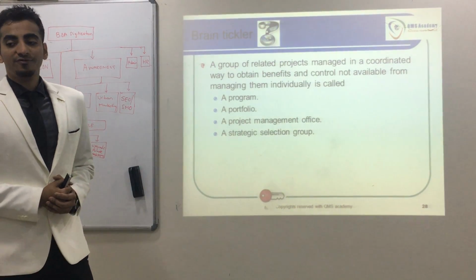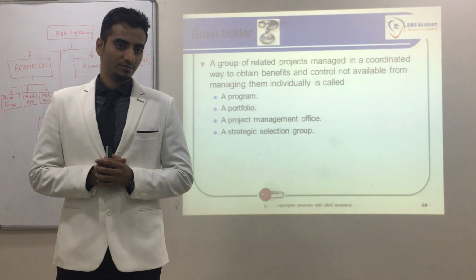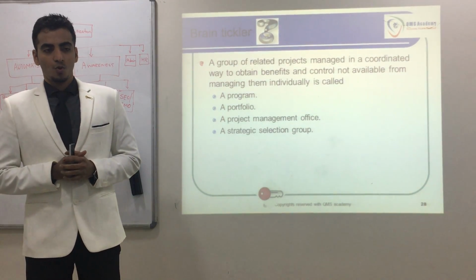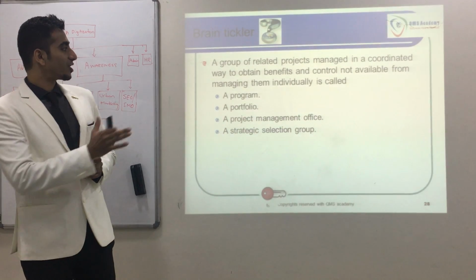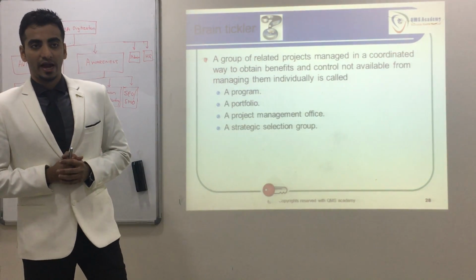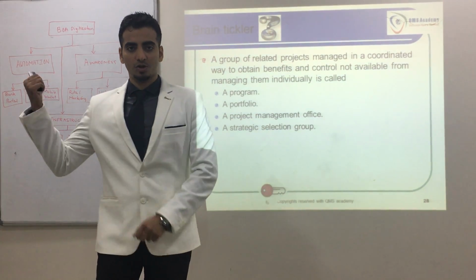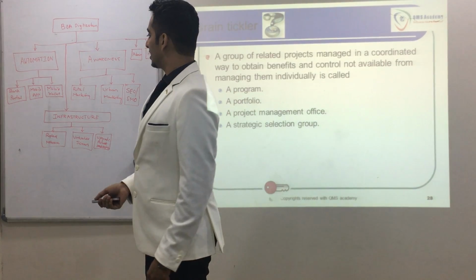A group of projects which are managed in a coordinated way in order to obtain the benefit and control which is not available from managing them individually, and this is called as. So again, before going to this particular question, let's go to the chart where we have drawn the project, program and portfolio.